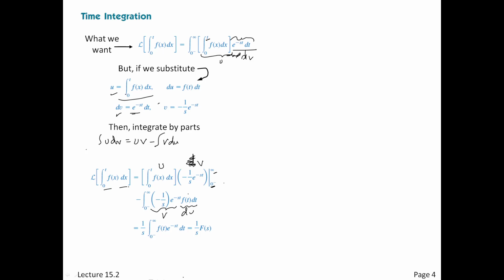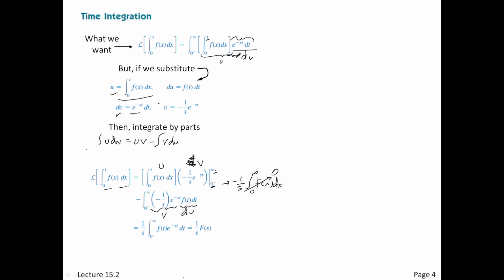At the lower limit, this is going to go to minus 1 over s. But then t is 0, so that's going to be the integral from 0 to 0 of f of x dx. But 0 to 0 is going to be 0. So this lower limit at t equals 0 minus is 0.